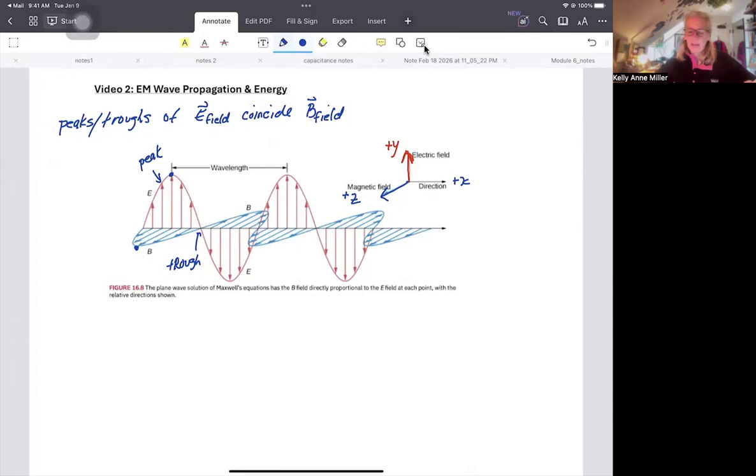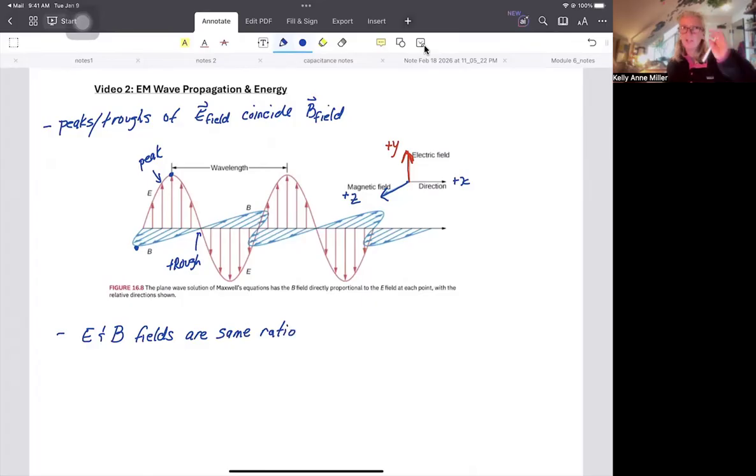Okay. This leads to another observation, which is that the electric and magnetic fields are the same ratio at every point along the wave. Okay, so let me write that. The E and B fields are the same ratio.